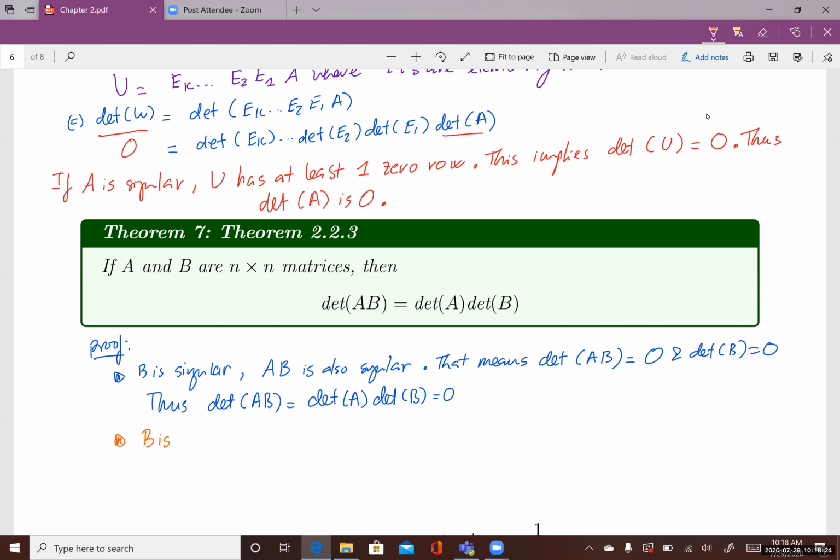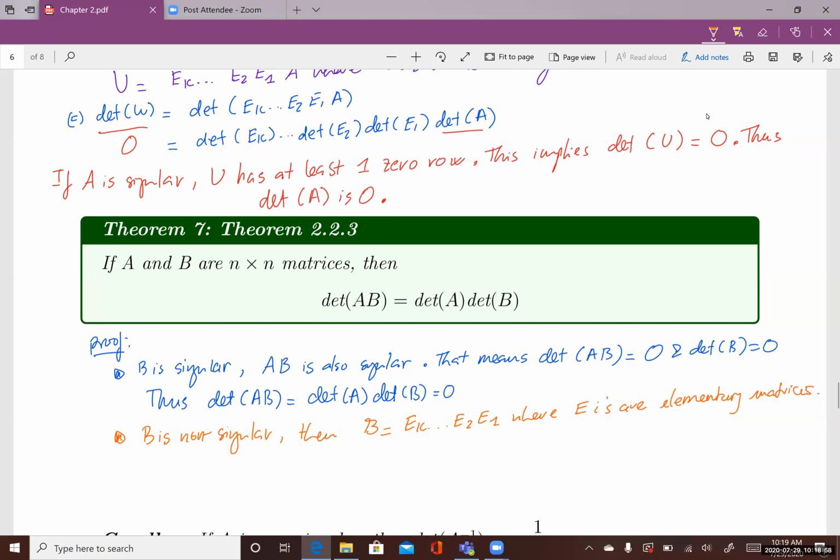But it's easier when B is singular. What if B is non-singular? If B is non-singular, then B can be rewritten as a product of elementary matrices, because you can reduce B to the identity matrix. So B equals Ek, ..., E1, where the Ei are elementary matrices.